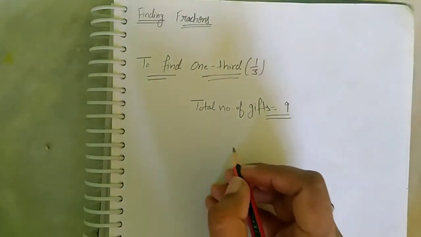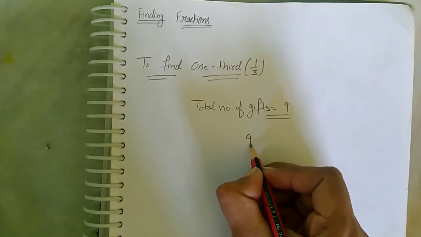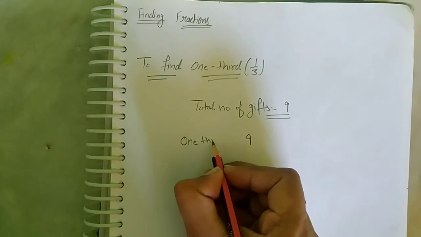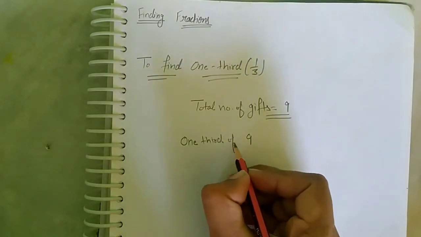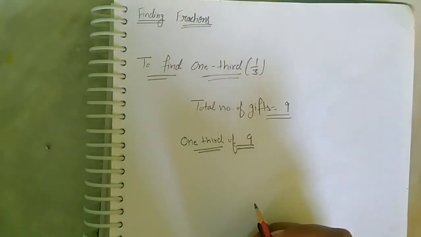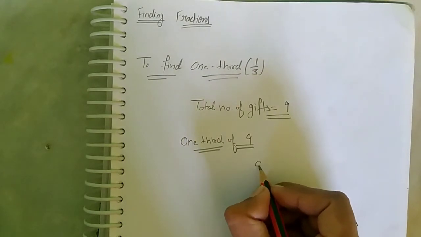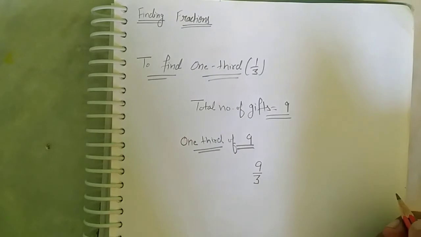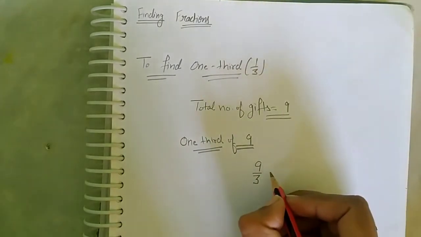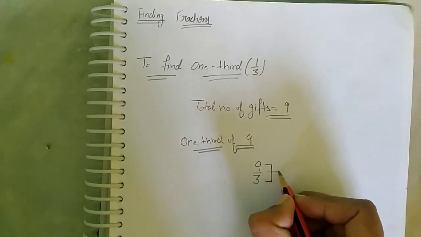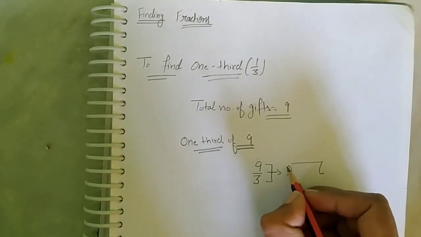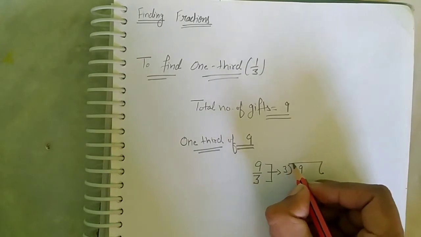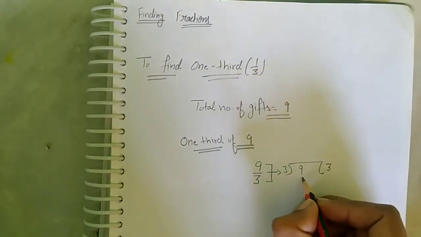Now we have to find the 1/3 of 9. 1/3 of 9 means we have to divide 9 by 3. It is also written like this. 3 1s are 3, 3 2s are 6, 3 3s are 9.